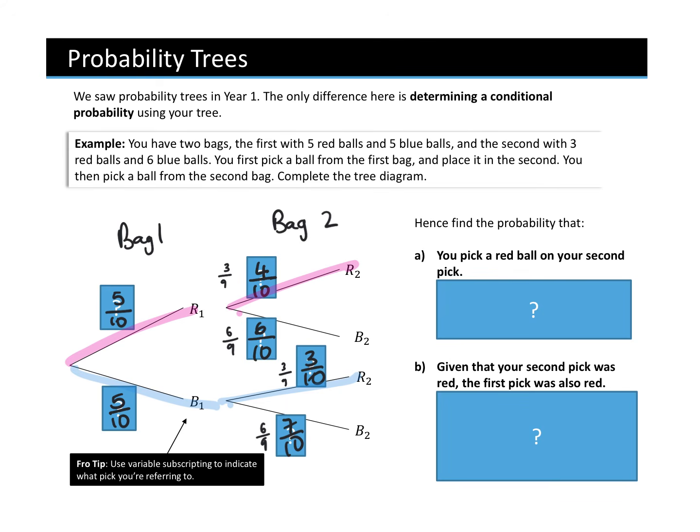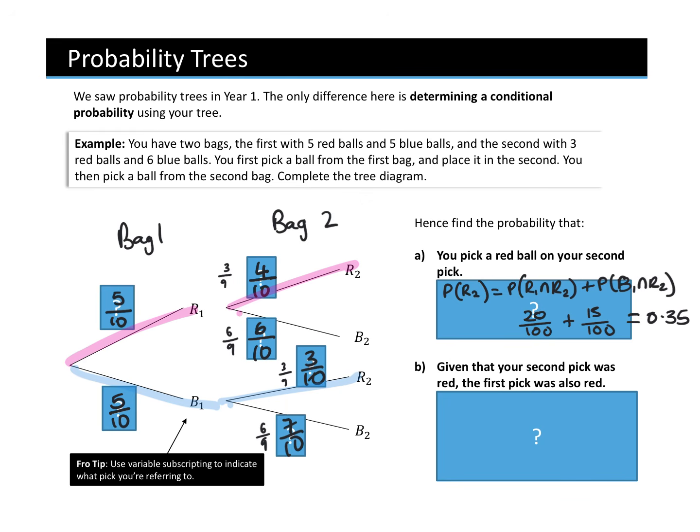So, the probability of picking a red on the second pick is actually the probability of red 1 intersection red 2 plus the probability of blue 1 intersection red 2. So we're going to get 5 over 10 times 4 over 10, which is 20 over 100, plus 5 over 10 times 3 over 10, which is 15 over 100, which is 0.35, or 7 over 20.